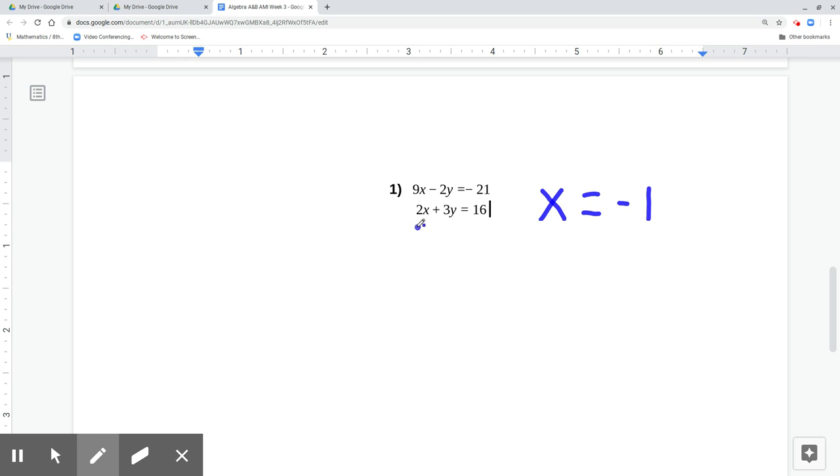Personally, I think this bottom equation might be easiest to work with. So I'm going to use 2x plus 3y equals 16, but you could have used one of the others if you wanted to. So I want you to go ahead and pause the video and try plugging in negative 1 into one of your equations so I can see if you can do the substitution step correctly.